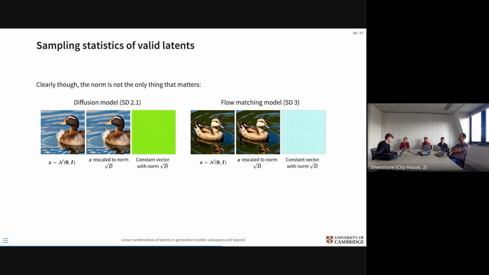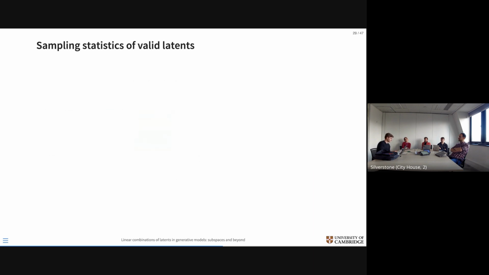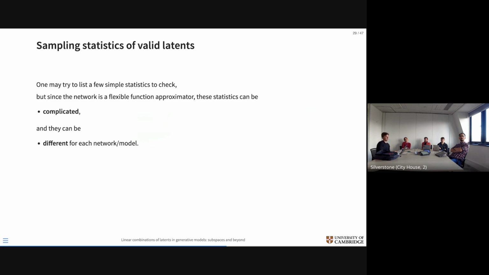But if you take another vector, let's say a constant vector, and you make it have that norm, it's not going to work. You would say, oh yeah, but that wouldn't have the right mean, or the right variance, and also it's quite a weird thing to have the same values over and over again.